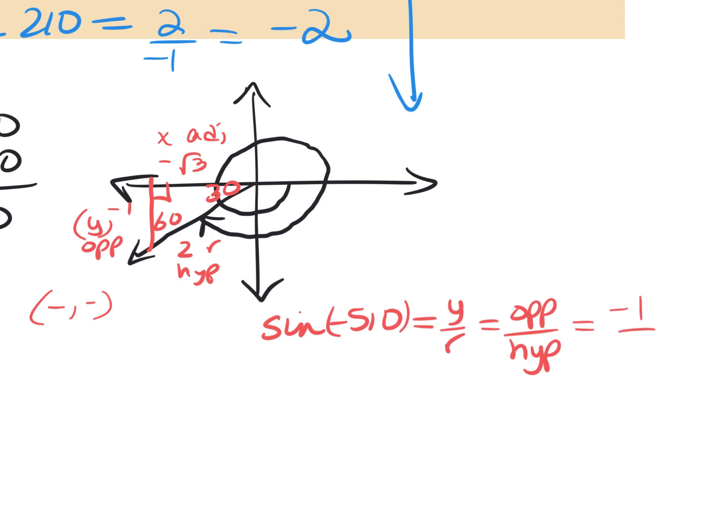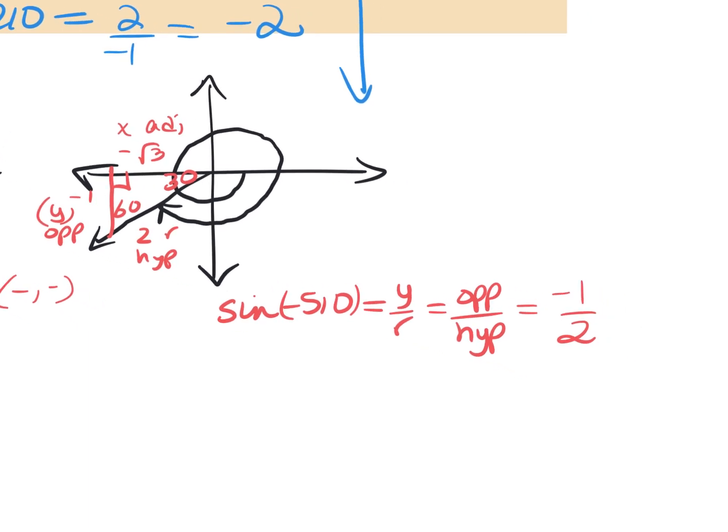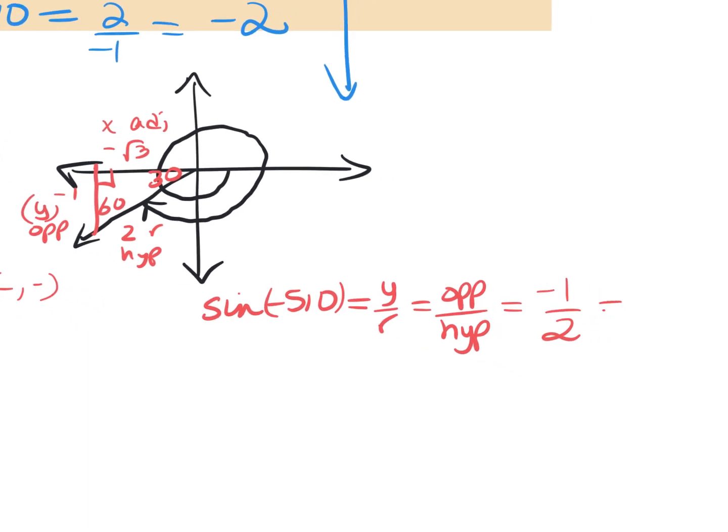My hypotenuse is +2. So the sine of -510 is -1/2. Now, also, if you think about it, doing sine of -150 would give you exactly the same answer without having to have gone around one full circle.